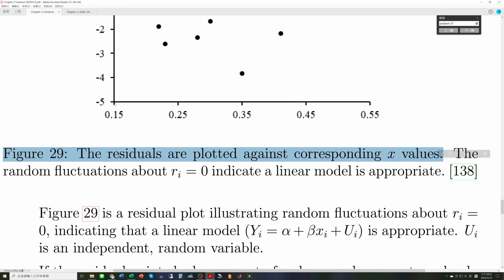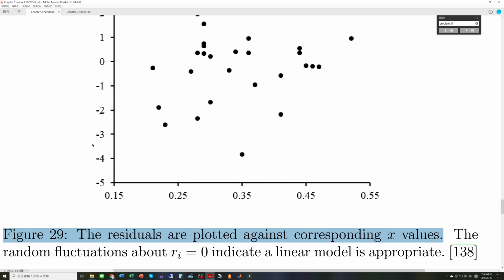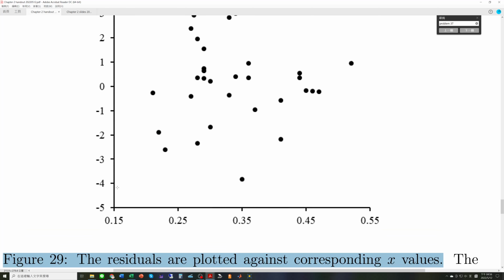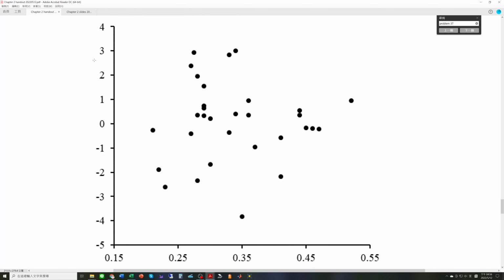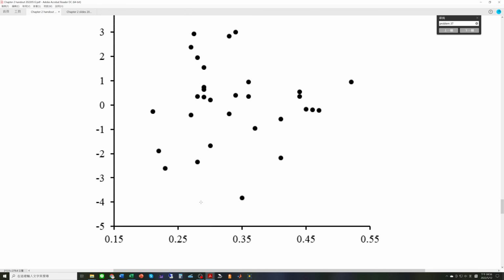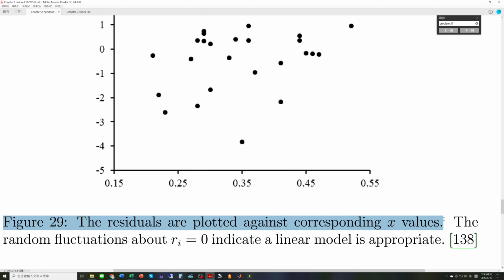The x-axis has x values from 0.15 to 0.55, and the y-axis has residuals from negative 5 to 4. You can see that there are many black points on the plot.